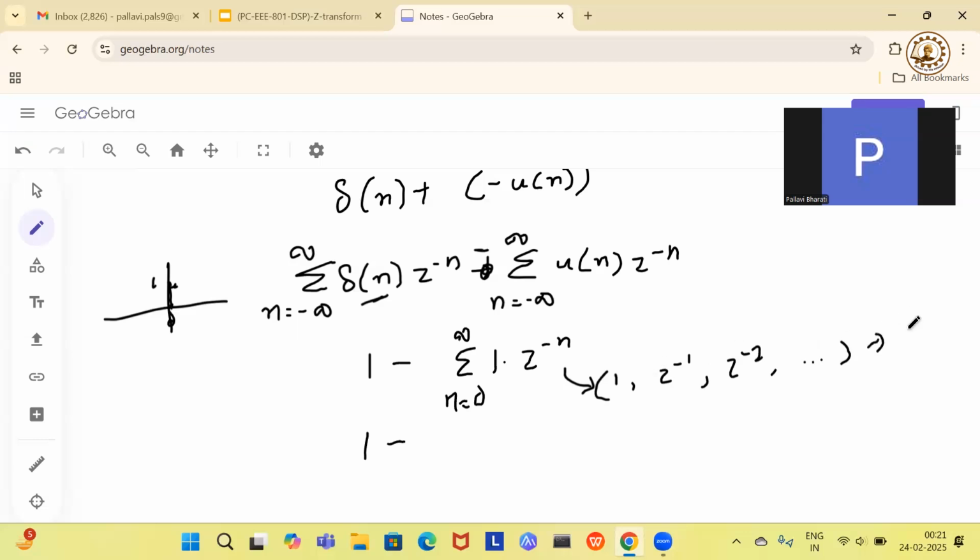You know, the sum is a by 1 minus r, first term by 1 minus common ratio. First term is going to be 1 by 1 minus z inverse. Now, the ROC for this, that is the delta n, the entire z plane is the ROC for the first one.